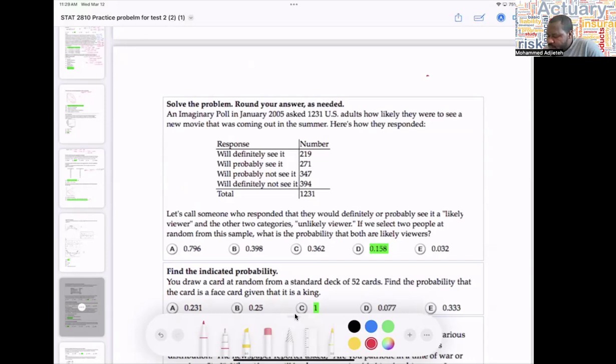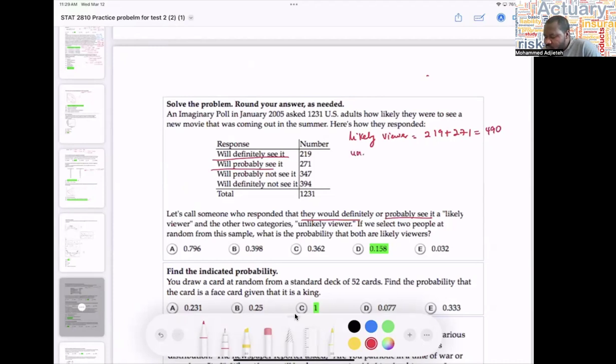So likely viewer is going to be 219 plus 271, because they said somebody who would definitely or probably see it. These two groups are called likely viewers. When you add these two, you get 490.